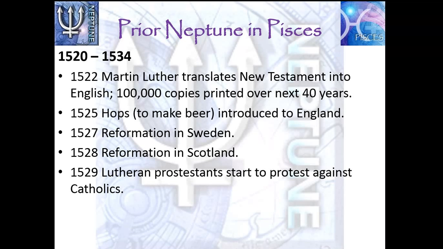Every time Neptune finishes up a cycle in its own sign, Pisces, we're going to have some disillusionment, some dissolving around our belief systems on the deepest levels. Something about religion and spirituality is not going to work anymore. And Neptune, with its relationship to addictions and drugs, here's hops coming to England.